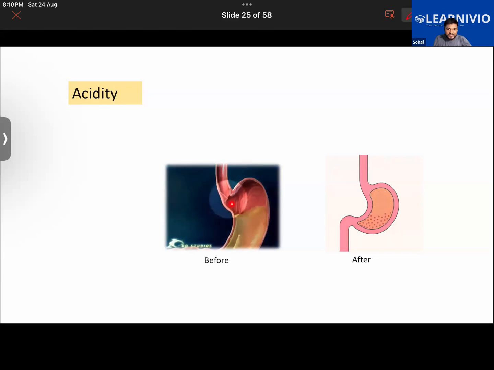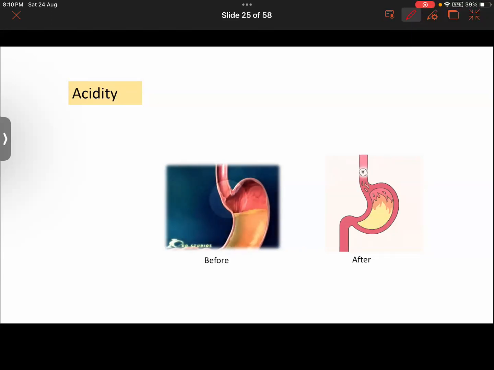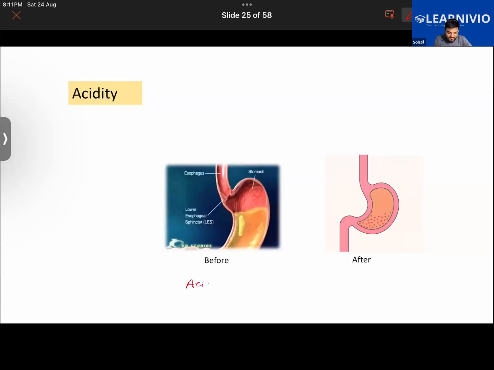And this over secretion of acid can lead to acid reflux, in which the acid goes into the food pipe, that is the esophagus.